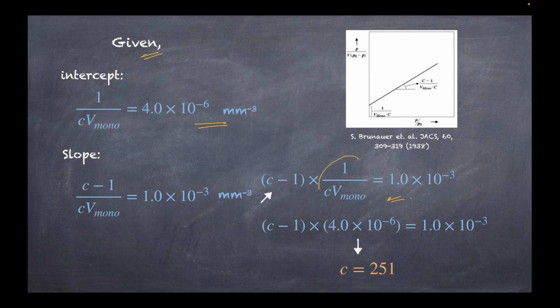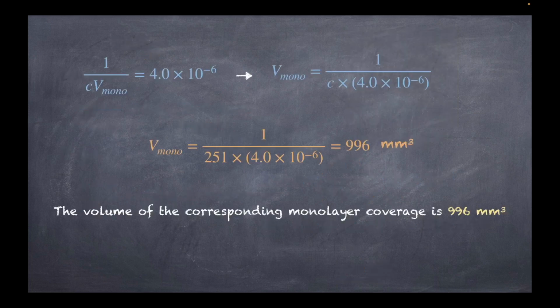Now by putting in the value, (C minus 1) times 4.0 times 10 to the power minus 6 equals 1.0 times 10 to the power minus 3. From this expression we can get the value of the constant, C equal to 251. Now again the intercept is 1 upon C times V mono, that means 4.0 times 10 to the power minus 6.